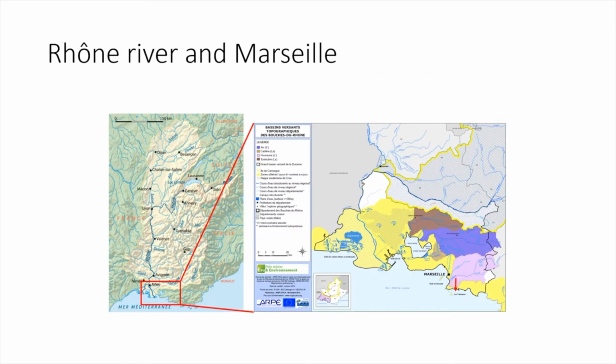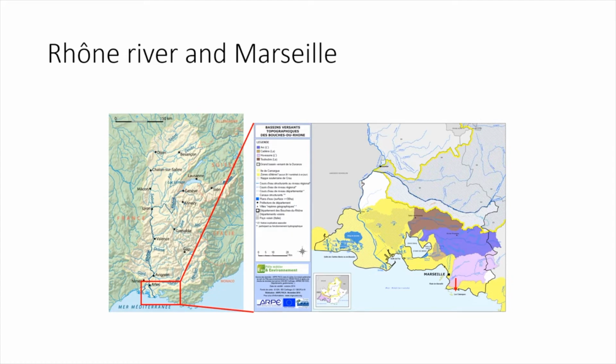Marseille is close to the Rhône River watershed, you can see here on the left part of the slide. Since the river Nile has been heavily dammed and extensively exploited for irrigation purposes, the Rhône River represents now the most important input of water in the Mediterranean Sea.